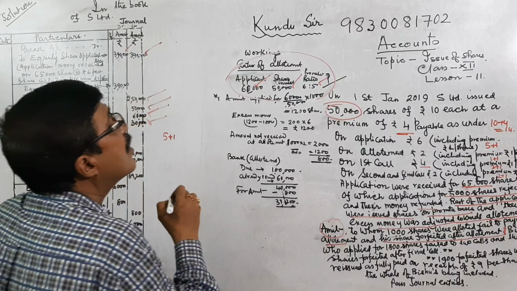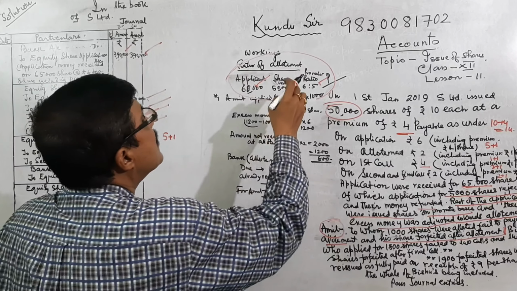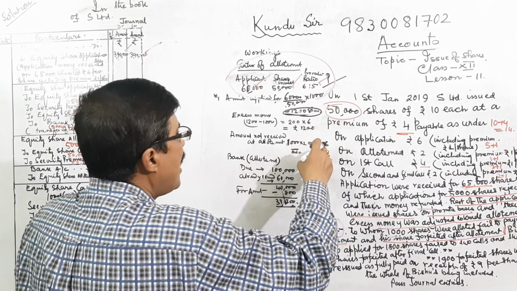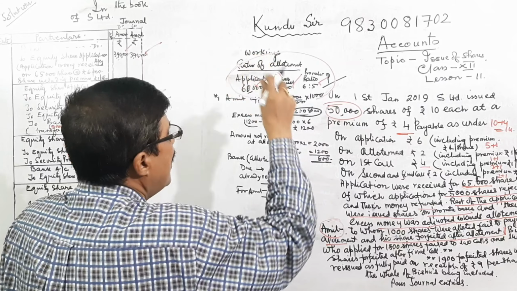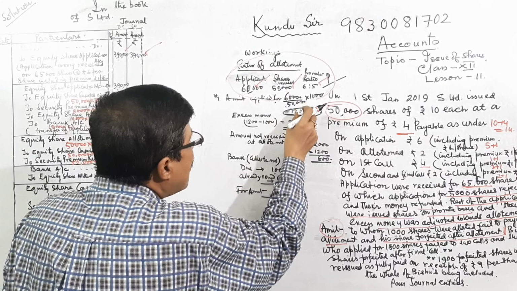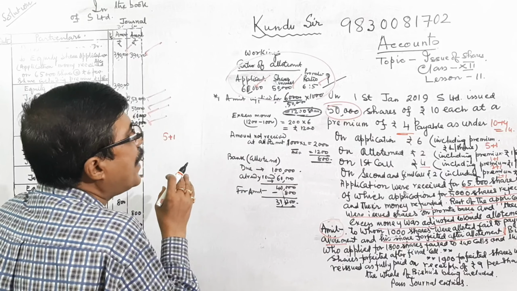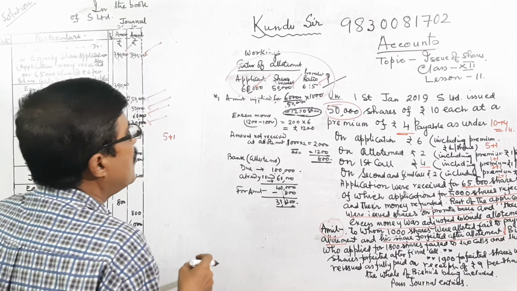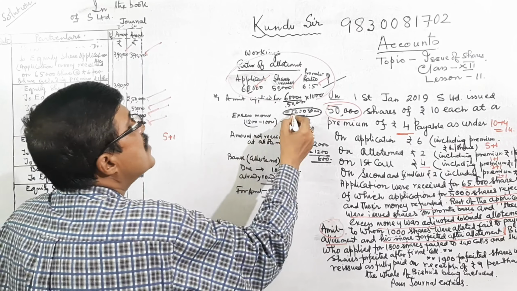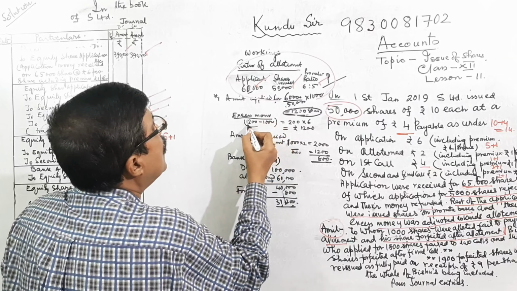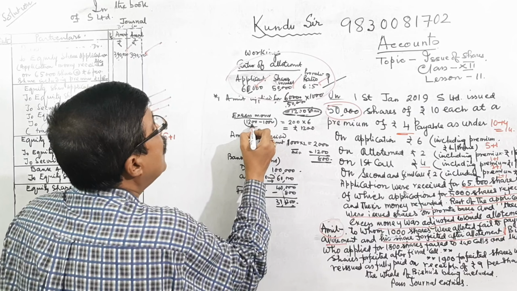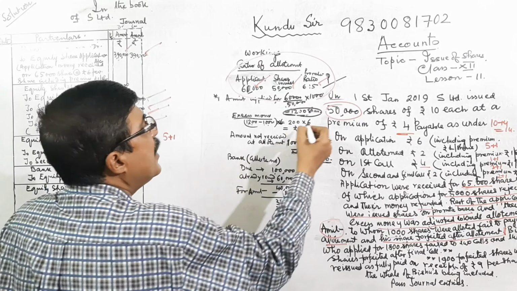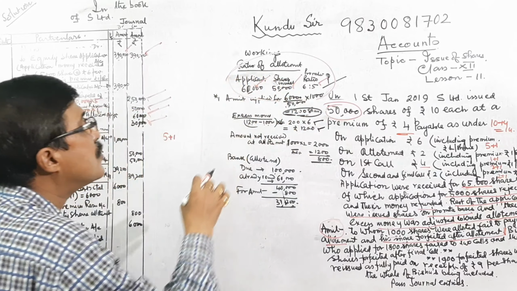That is 1,000 shares, equal to applied 1200 shares and got allotment 1,000 shares, and the application money of 200 shares is retained by the company for adjustment at the time of allotment. So the excess amount is 200 excess applications into 6, equal to 1200.